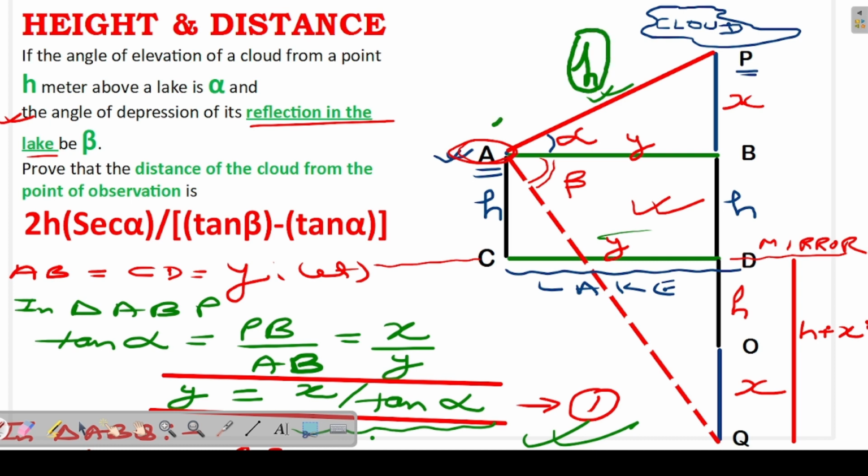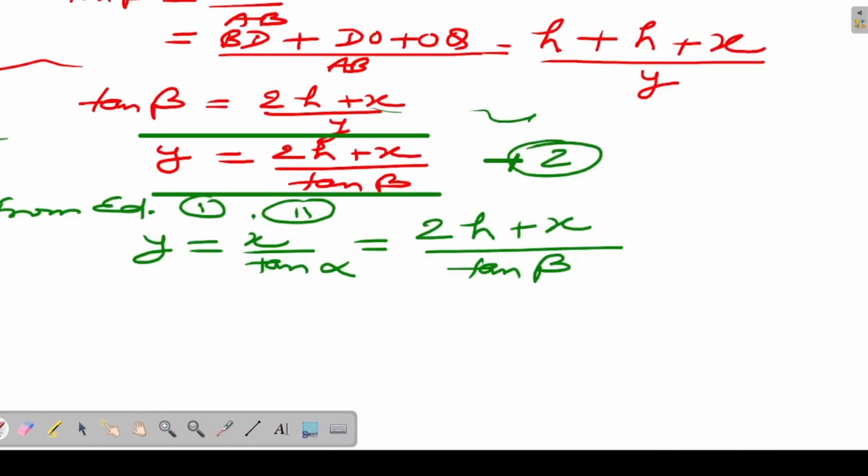We need to find this length. This can be found by either sin alpha, that is PB by AP, or cos alpha, that is AB by AP. But we should know the value of the other variables, right?